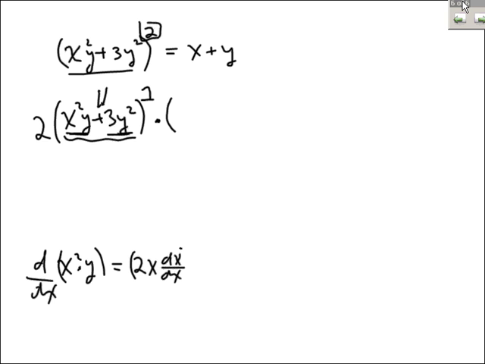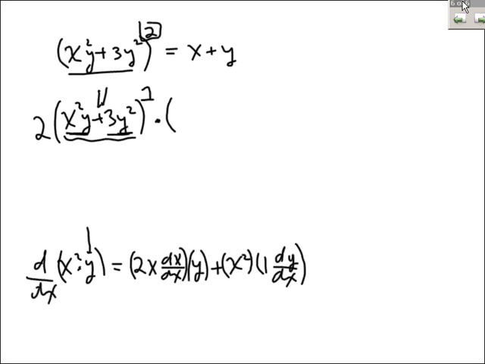That's the derivative of the first times the second. Now we reverse the order. We keep the first the same, and now we take the derivative of the second. The second term is y. The derivative of y is dy/dx. Y is in terms of y, and we're taking a derivative with respect to x.